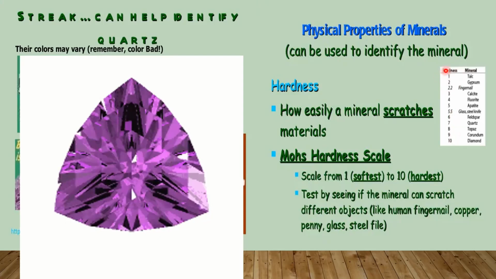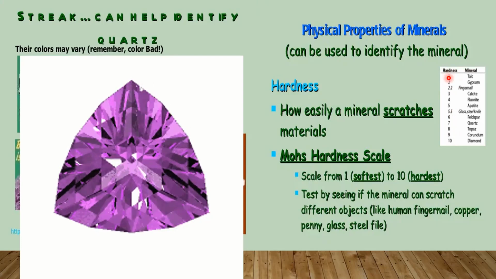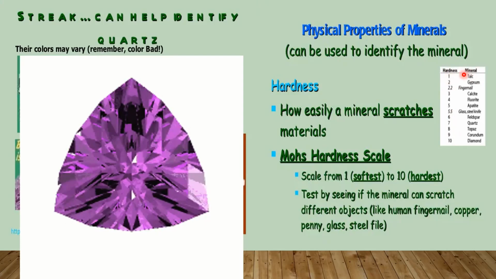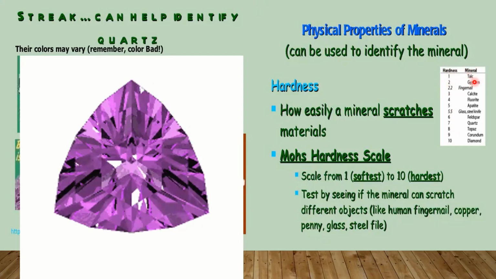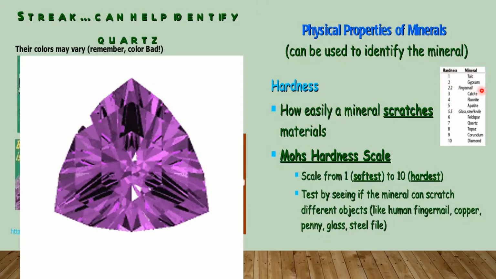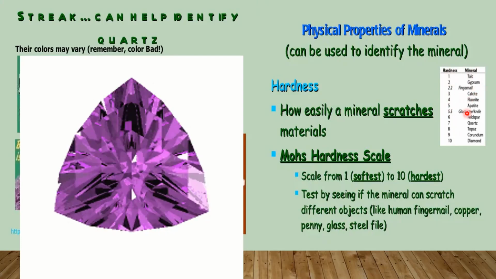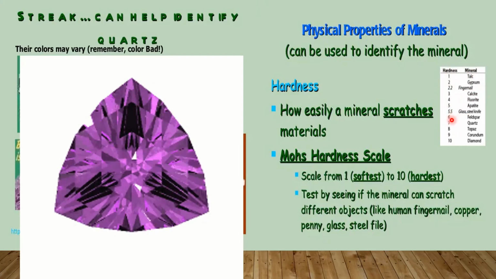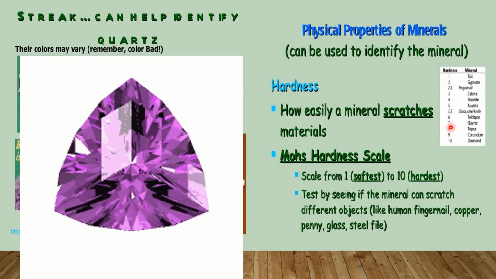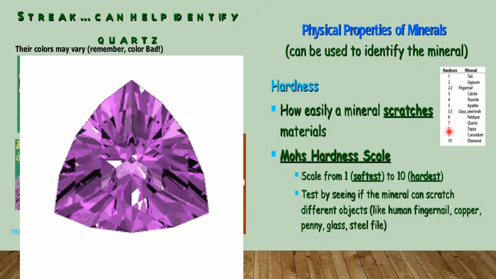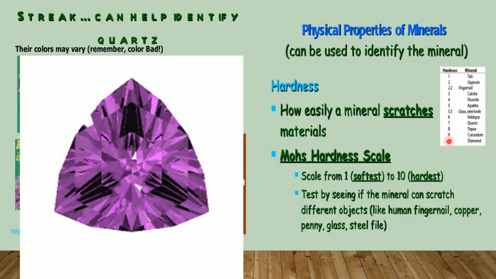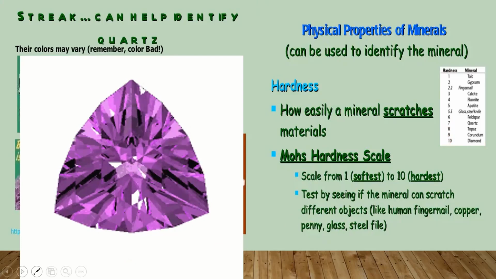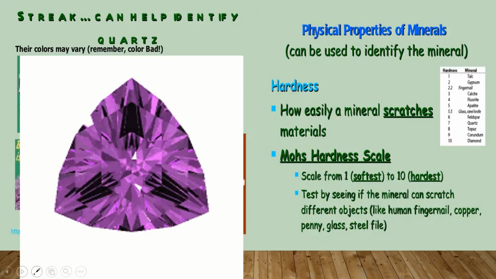First one, for example, is 1 on the scale: talc, the softest. 2, gypsum. 2.2, fingernail. 3, calcite. 4, fluorite. 5, apatite. 5.5 is glass, steel knife. 6 is feldspar. 7, quartz. 8, topaz. 9, corundum. 10 is diamond. So diamond is the hardest. Talc is the softest.